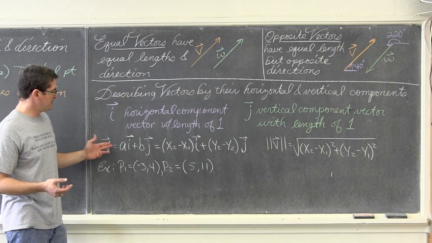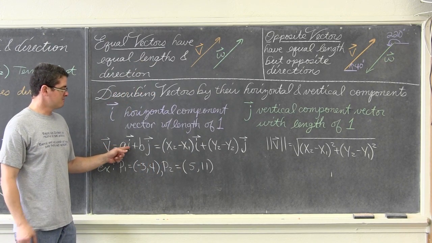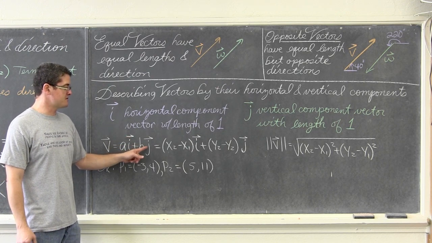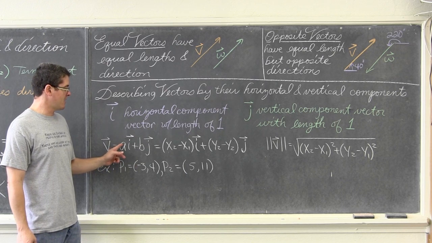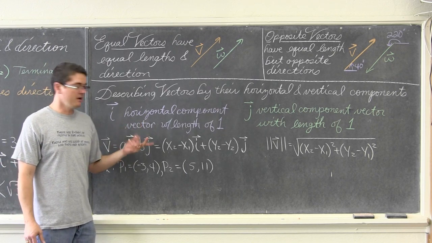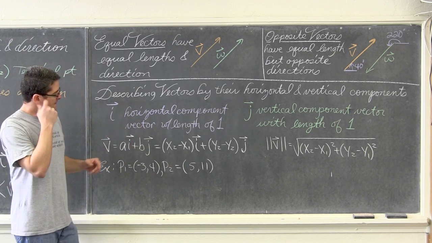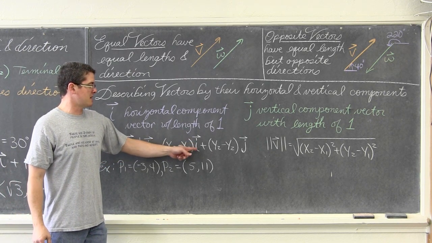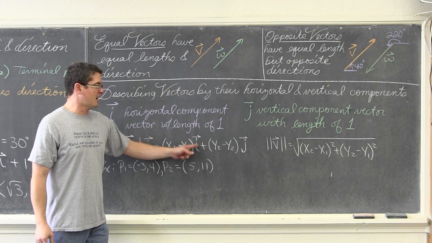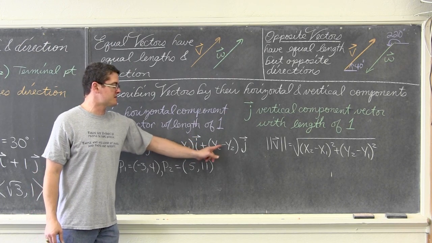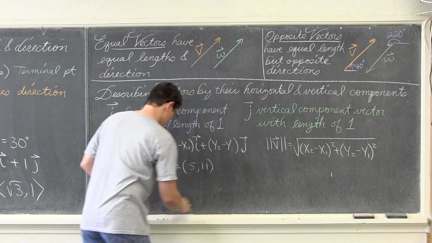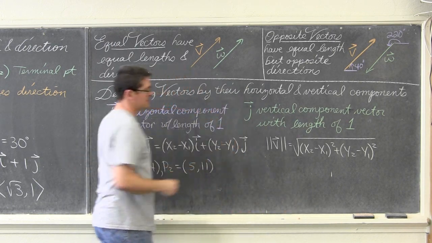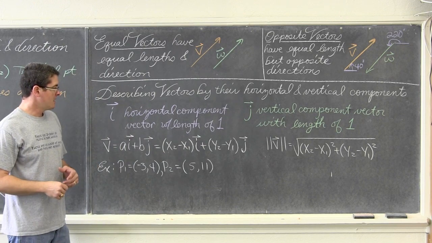So vector v equals a times vector i plus b times vector j. I'm just going to start saying this, ai plus bj. That is equal to x sub 2 minus x sub 1 times the i component vector plus y sub 2 minus y sub 1 times the vector component of j.